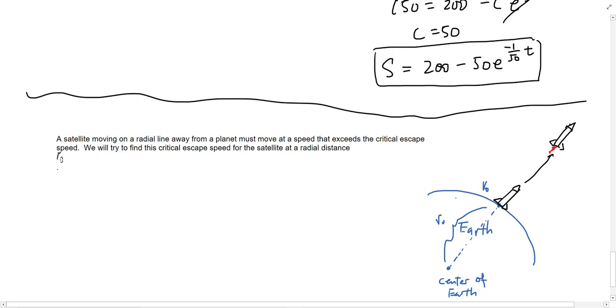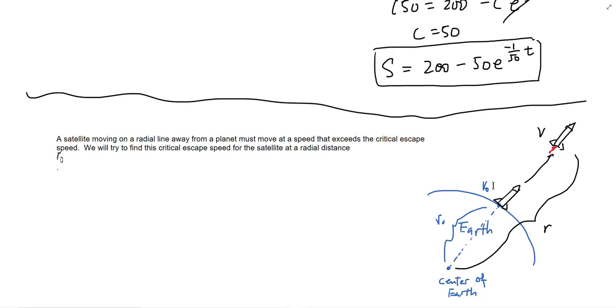That's what we're trying to figure out. And of course, as it moves away from Earth, it will have a greater distance r with some velocity at that point. So the key is to figure out what this initial velocity, v sub 0, needs to be in order for this thing to fly off the planet Earth.